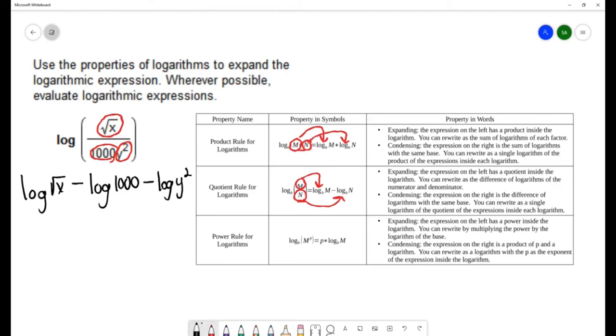So you'll notice that this factor of square root of x was in the numerator, and the log has no sign in front of it, so we assume it to be positive. And we want it to be positive because it's coming from the numerator. However, these two factors, 1000 and y squared, were in the denominator, and so I have a negative on those logs.